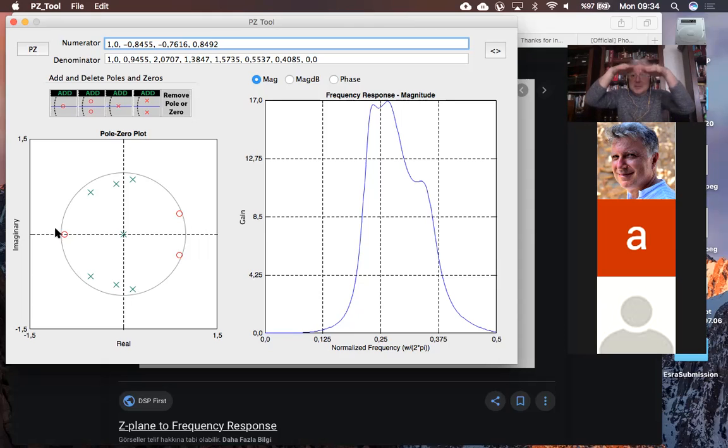It must be high in the middle with some ripples, maybe 3 ripples I would expect, because there are 3 poles. So these are the ripples: the first ripple, the second ripple, and the third ripple. So this must be the answer: visual inspection. Okay.